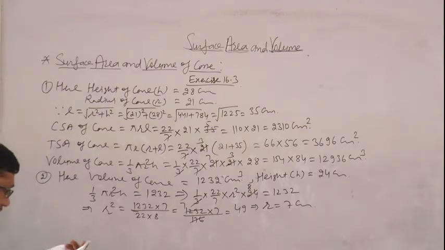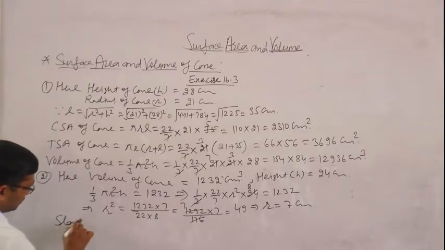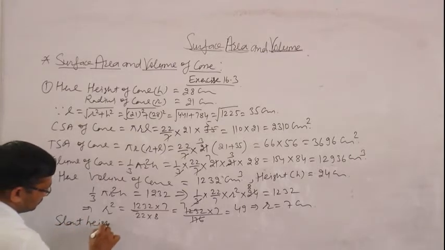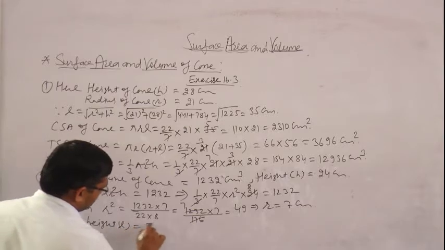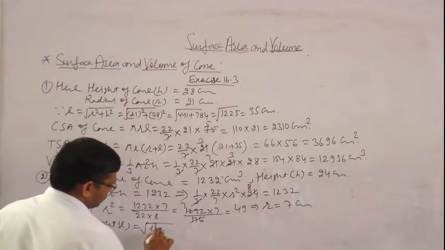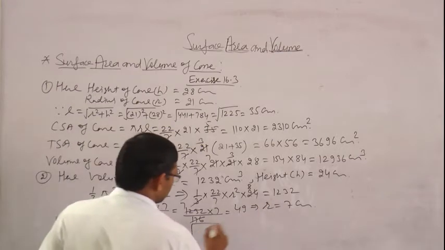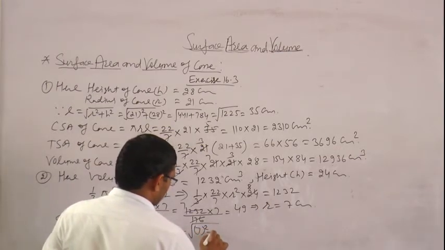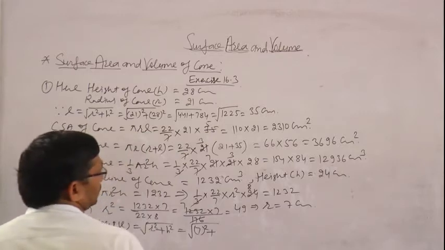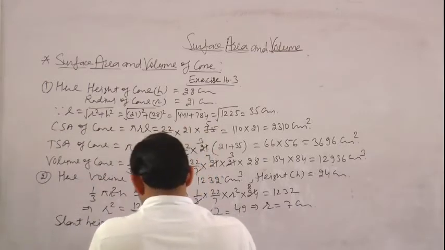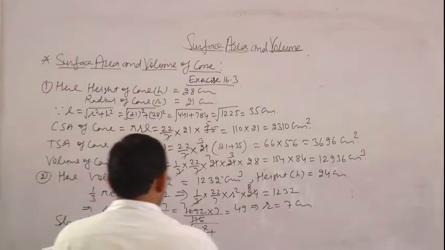We want to find out slant height. Slant height L is equal to square root of r square plus h square, is equal to square root of 7 square plus h square, h is 24.